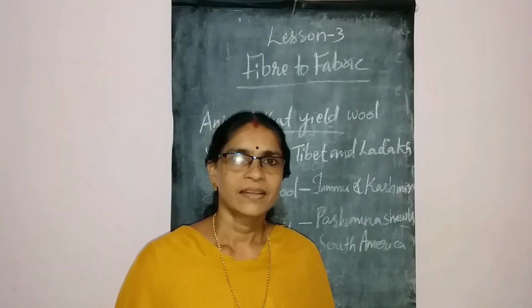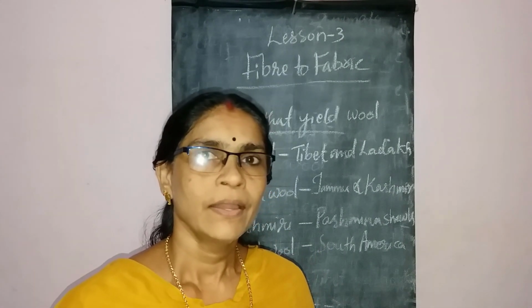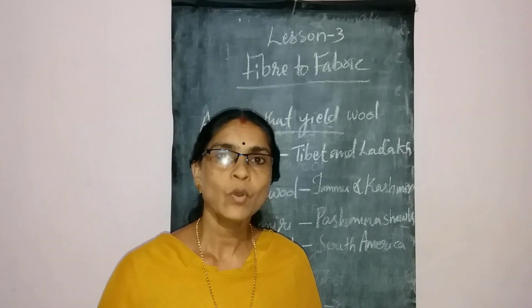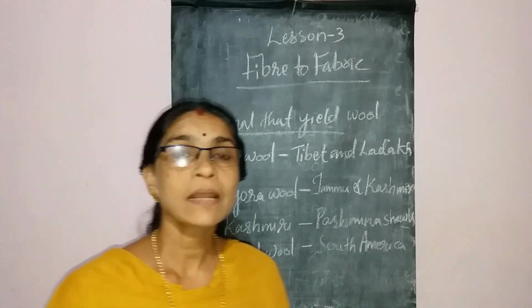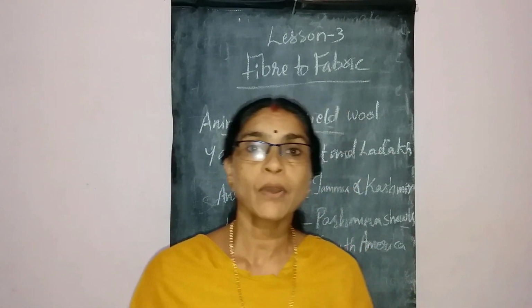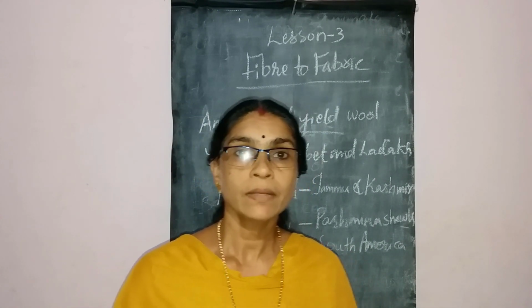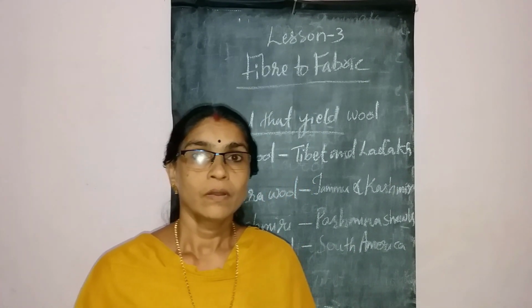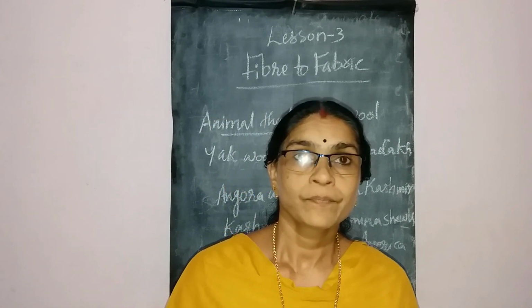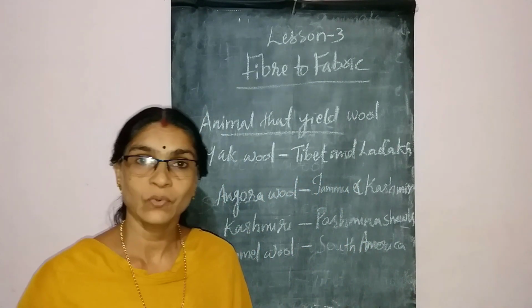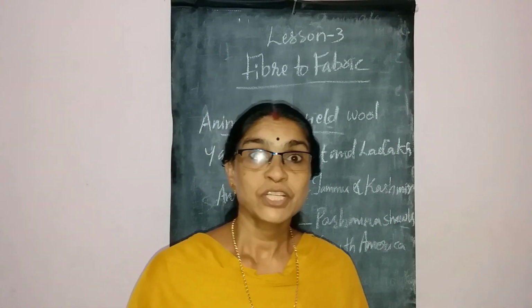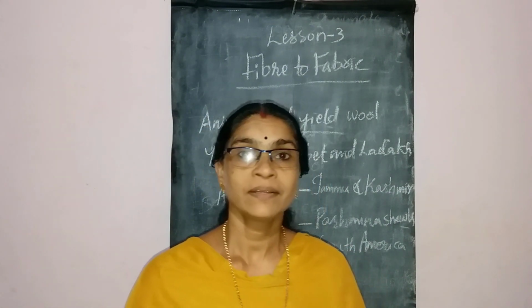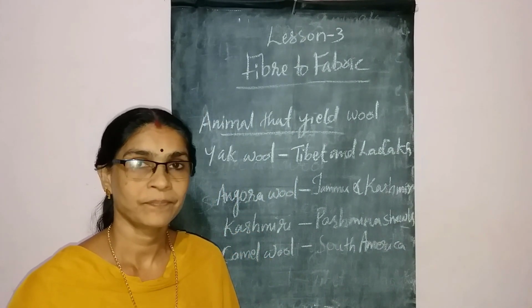Okay. Students, now let us know more about animals that yield wool. Several breeds of sheep are found in different parts of our country. However, the fibers of sheep are not the only source of wool, though sheep wool is very common in the market.